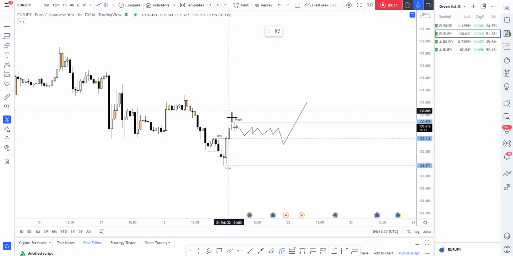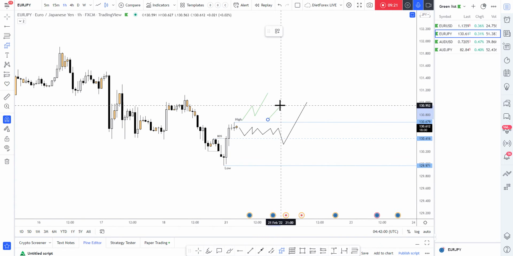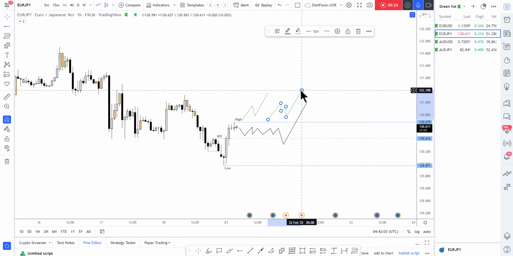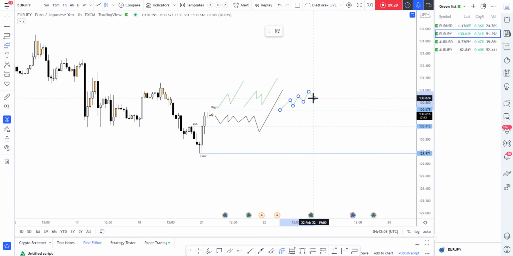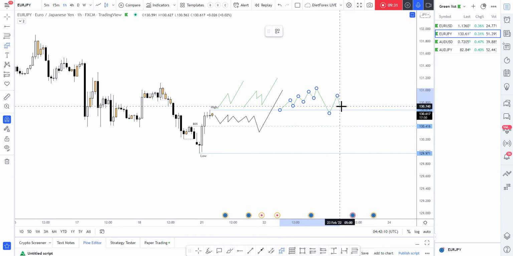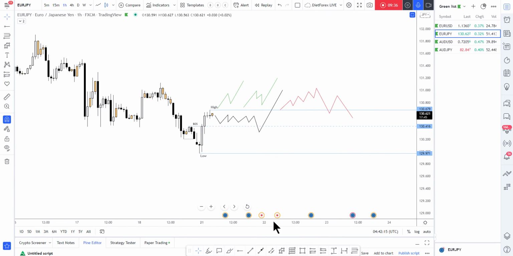Or we could just easily get a new high and get a bullet to continue the upward movement, and also we could get a bump or an ascending channel and continue its downward movement right there. Of course, if it starts to break the major low, I would wait to see a bullet or a bump.